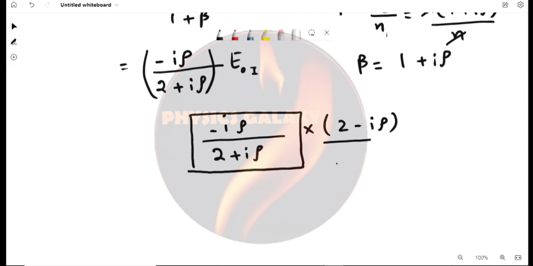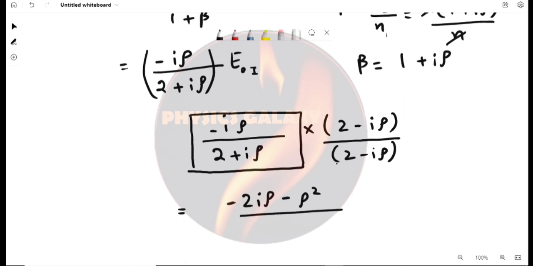So it will become minus 2 iota rho minus minus plus iota square rho square, that is minus rho square, divided by simply 4 plus rho square. So this is my complex number.